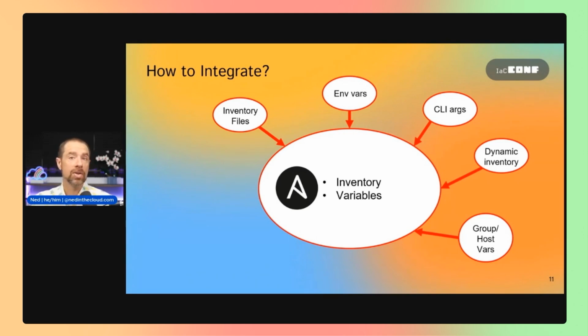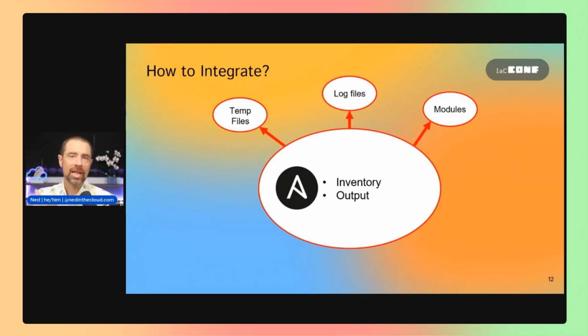That could tell it, okay, so I have these servers, they're tagged as web servers in this resource group, so I'm going to apply this play to those particular servers. And it could do that dynamically. It doesn't need those servers to be hard-coded into a file. And then lastly, you can add additional variable settings through group and host variables. So that's how information is going to arrive into Ansible.